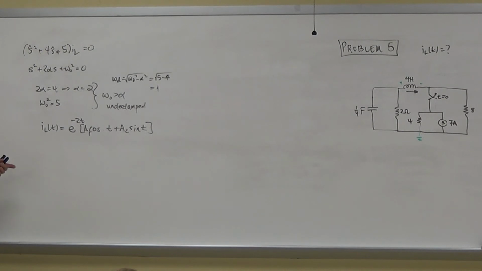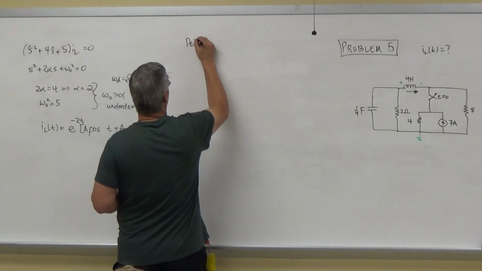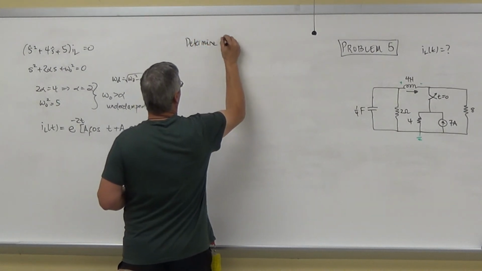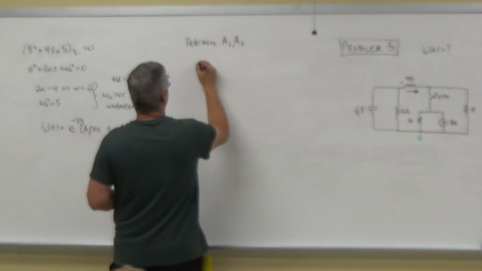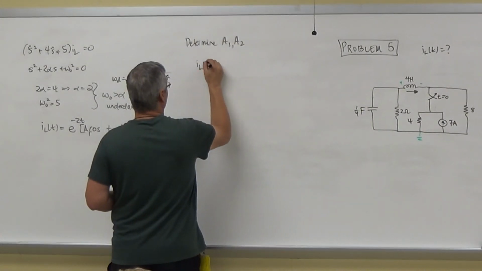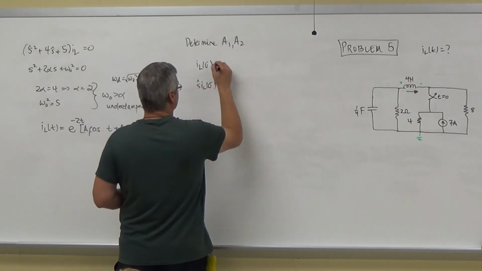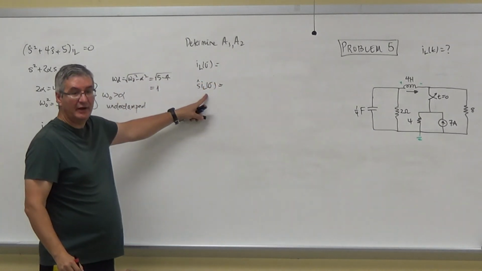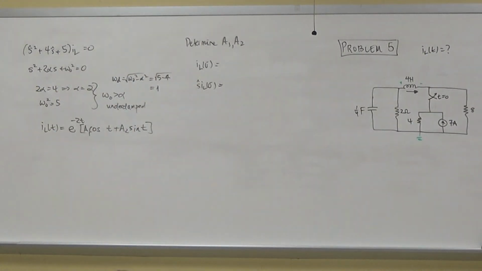So I got to go get A1 and A2. So then I got to determine A1, A2. So that means I got to go solve for this guy. So this equation comes from where? The first order equations. And you can see that there's only one of these guys that includes the derivative of the inductor.